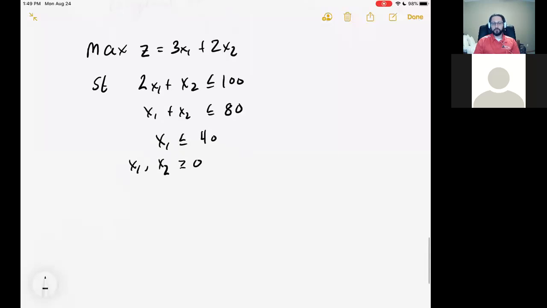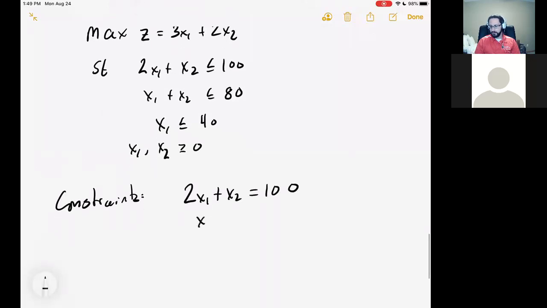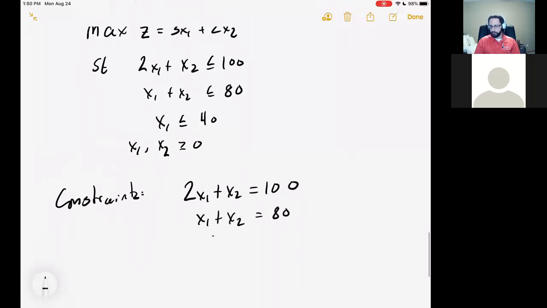In order to graph these constraints, I'm going to do a transformation. Instead of thinking about them as linear inequalities, I'm going to think about them as linear equalities. So x1 and x2 and an equal sign, 2x1 plus x2 equals 100, x1 plus x2 equals 80, x1 equals 40.